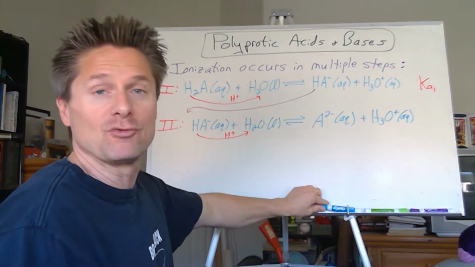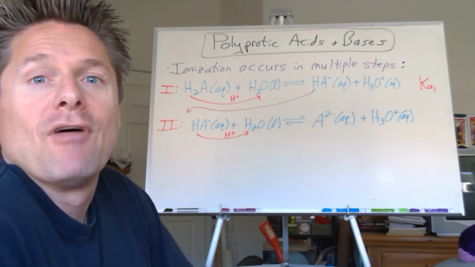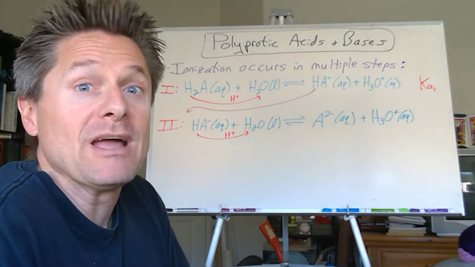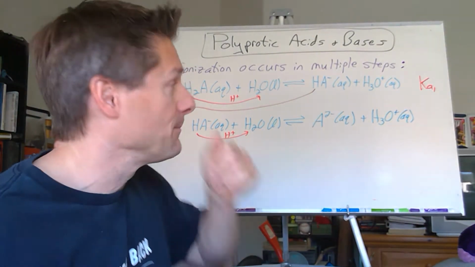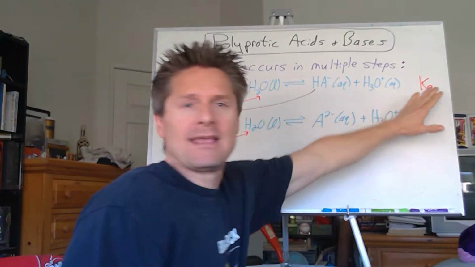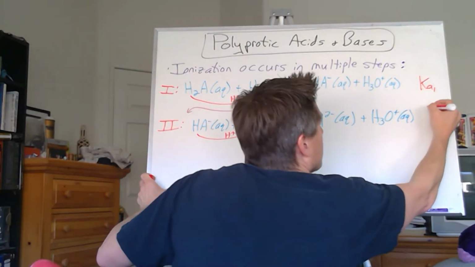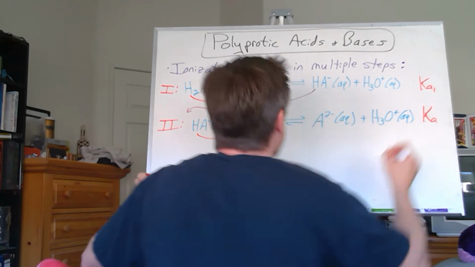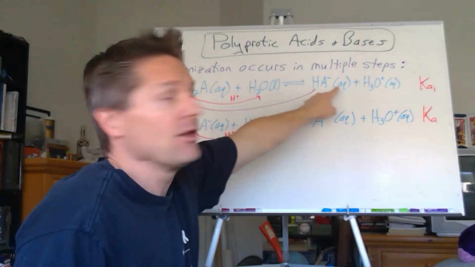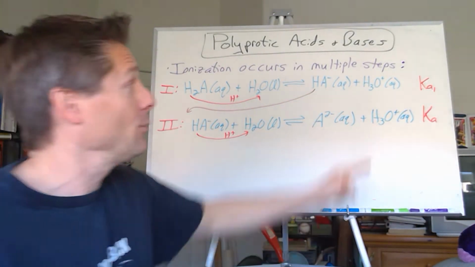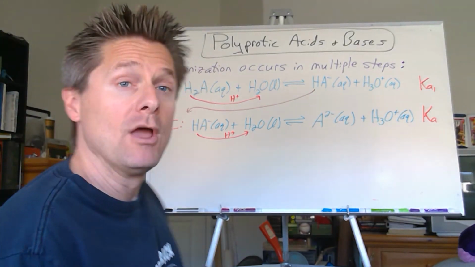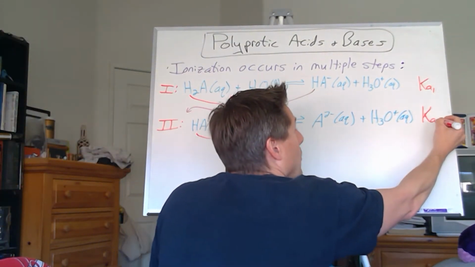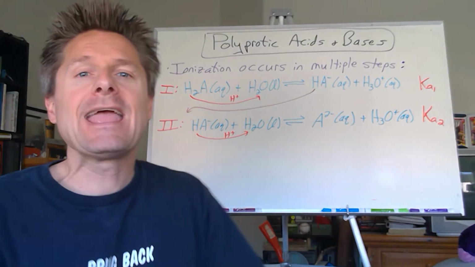If we're trying to get the pH of these solutions, we're going to have 3 sources of hydronium ions. What do we do? Make assumptions. Let's call this K, because these both have Ka values, right? So let's write our Kas here. This has a Ka value. This has a Ka value. So we can't just call it Ka anymore. We're going to call it Ka1 for step 1 and Ka2 for step 2.